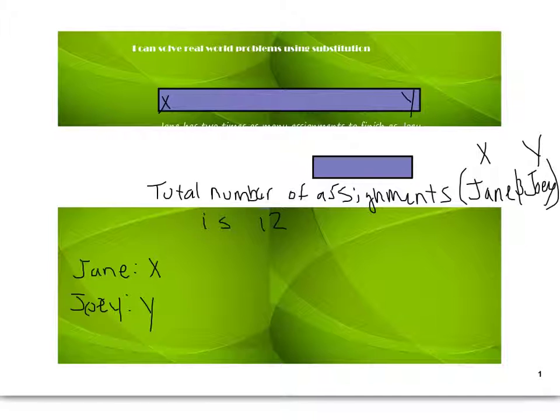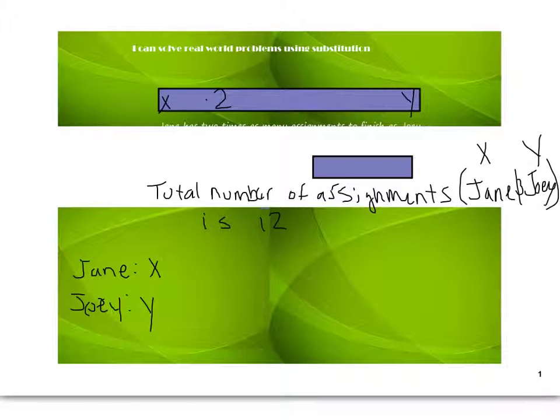Alright, now we've got to talk about the logistics of the problem, the things in between our variables. Jane has 2 times as many assignments to finish as Joey. 2 times means multiplication, so that would be very similar to saying multiply by 2.